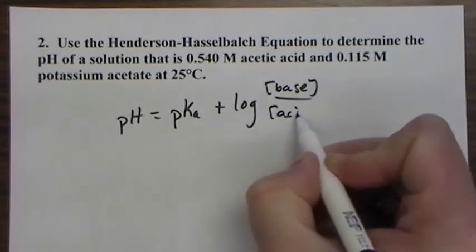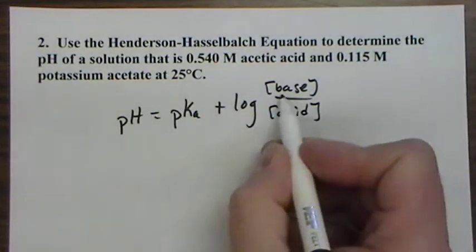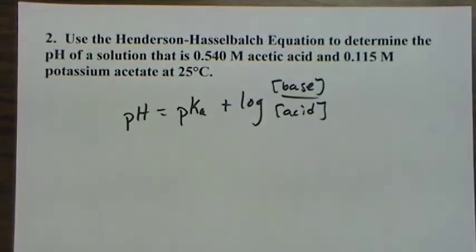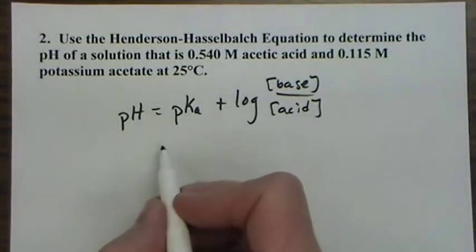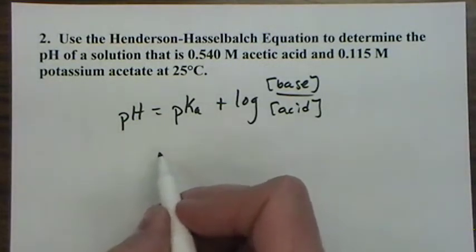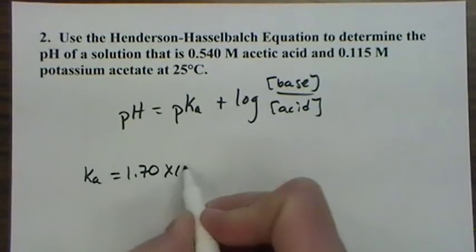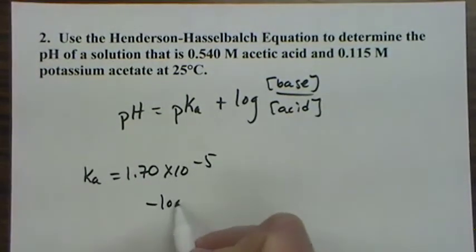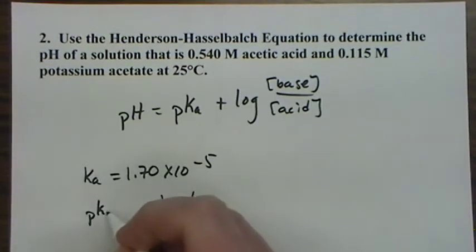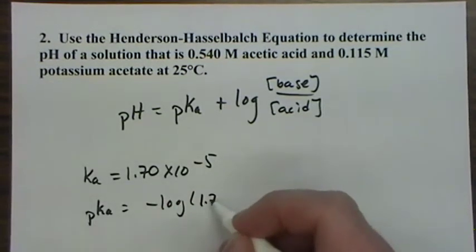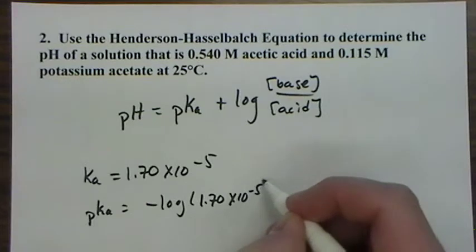This has HA and A minus, it's base over acid. Now the Ka for this acetic acid is 1.70 times 10 to the minus 5. So the negative log of that is going to be the pKa. And you can see why we use these.